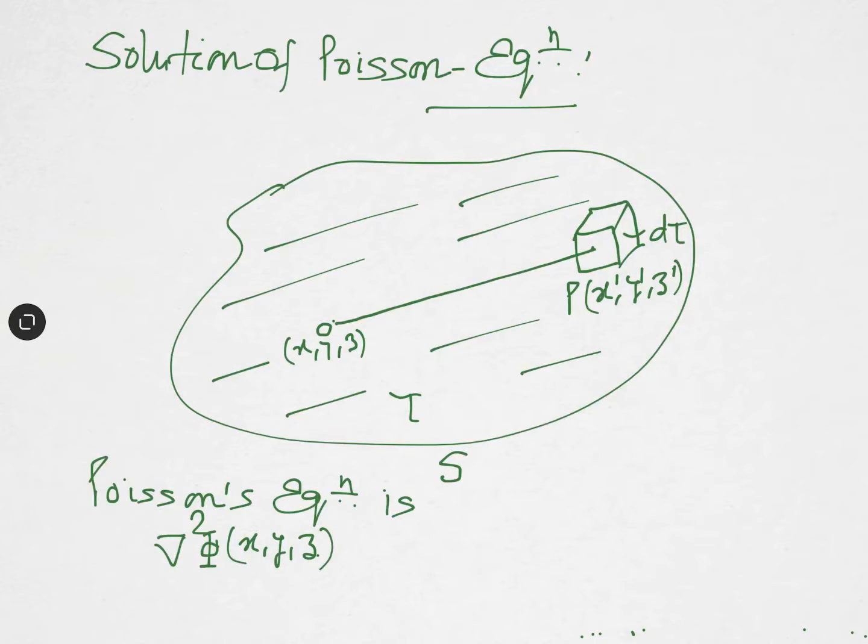Here phi is a function of x, y, z, where x, y, z is the coordinates of the test point, and this is equal to minus rho. Rho is the source charge, and we have considered a point P inside the source charge whose coordinates are x prime, y prime and z prime. So rho is a function of x prime, y prime and z prime, over epsilon naught. Say this is equation 1.